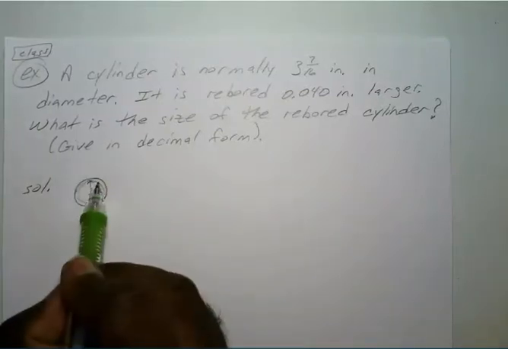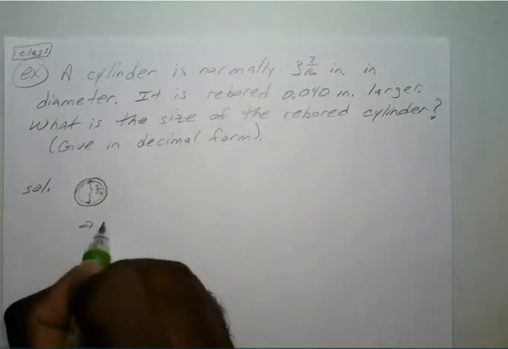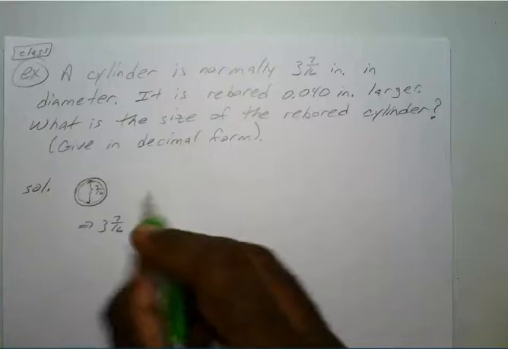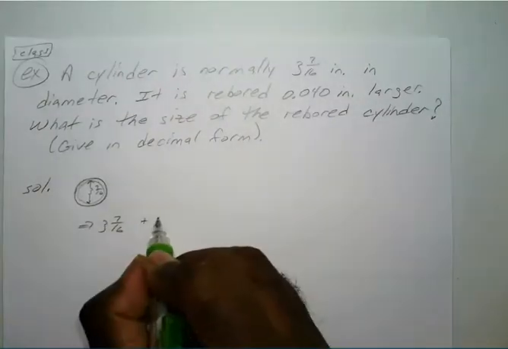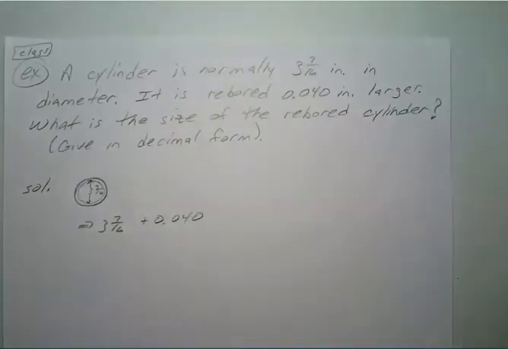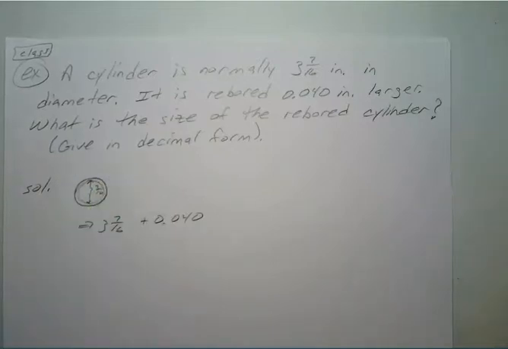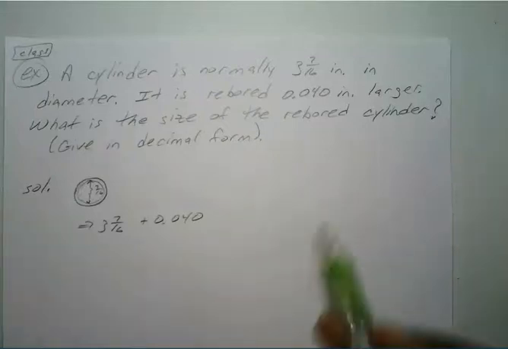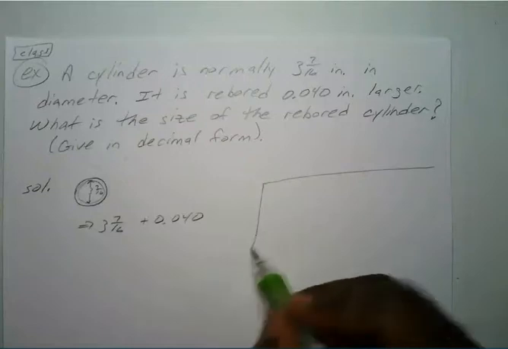If they bored it to make it a little bit wider, what they have is 3 7/16 plus that 40 thousandths of an inch. All right, so they want the answer in decimal form, which means we're going to have to convert that 7/16 into a decimal. So we'll do that on the side there.